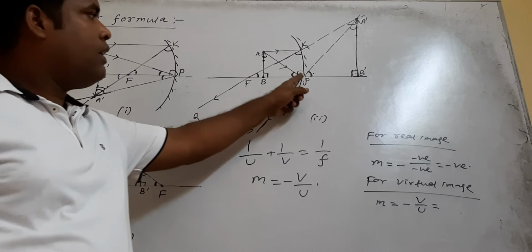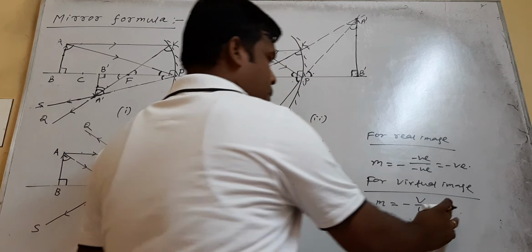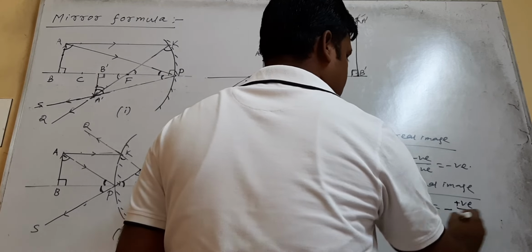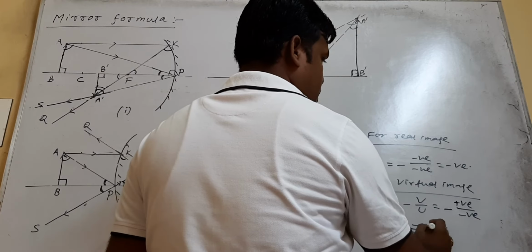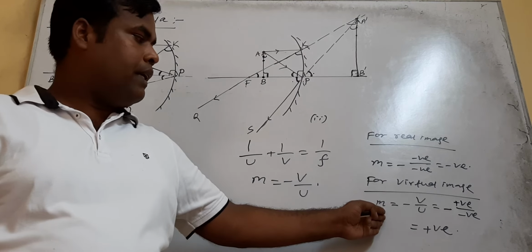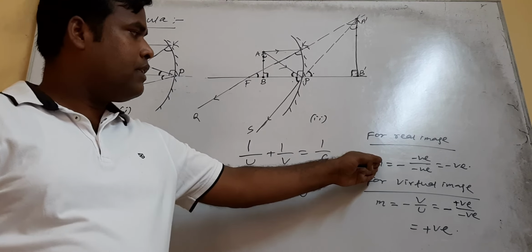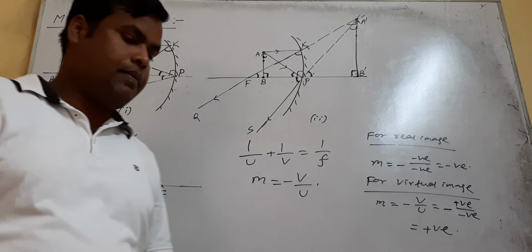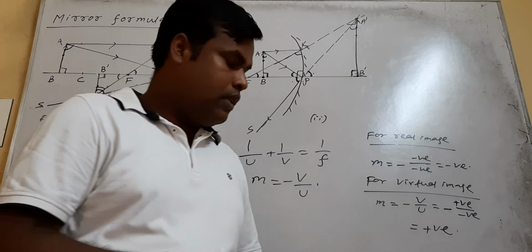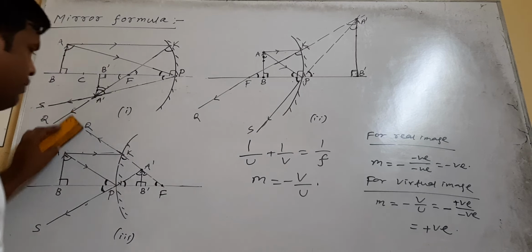You see image distance is positive and object distance is negative, so minus positive by negative equals positive. So you got the sign of the magnification for a virtual image is positive and for a real image it is negative. If you are still in doubt, then by solving one or two numericals you will be clarified.